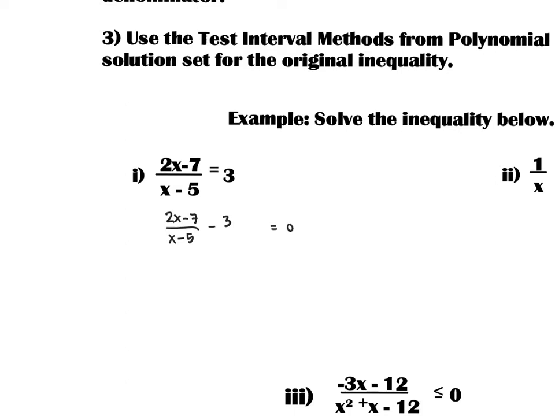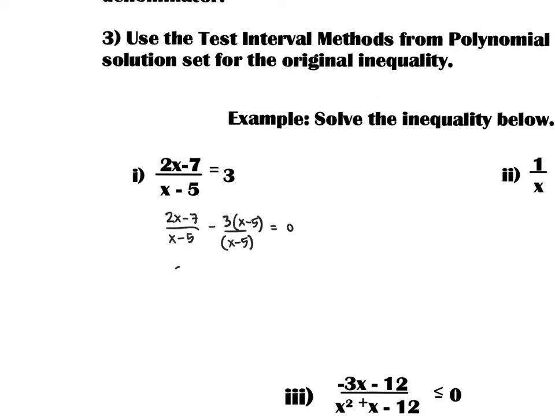Now in order to find critical values like I'm looking for in step 2, what I want to do is have a common denominator. So what I'm going to do is divide by 1, and in dividing by 1, I'm actually multiplying top and bottom by x minus 5. What that will do for me is get me a common denominator.